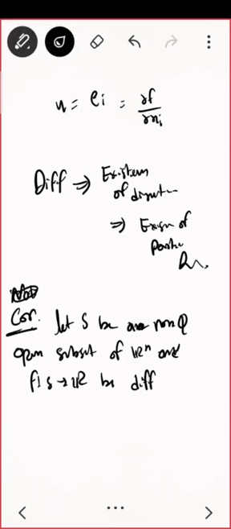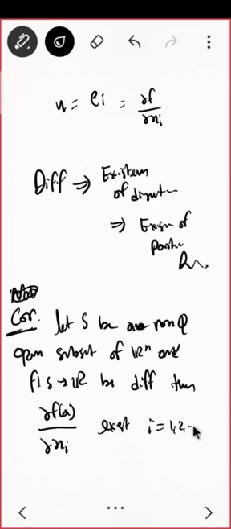Then each of the partial derivatives, that is del f at del x_i, exists for i equal to 1 up to n. Correct? That is, each of the partial derivatives exists. Proof is easy.